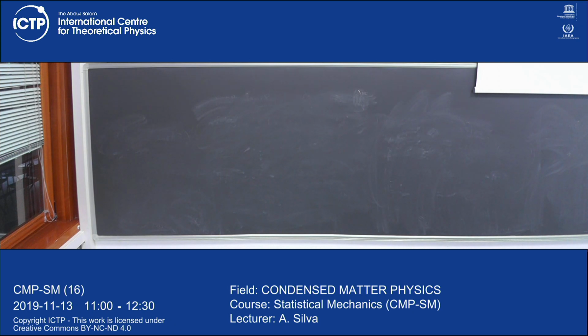And this can be thought of as the trace of e to the minus beta (H minus mu N). So N is the operator that represents the number of particles, H is the Hamiltonian.